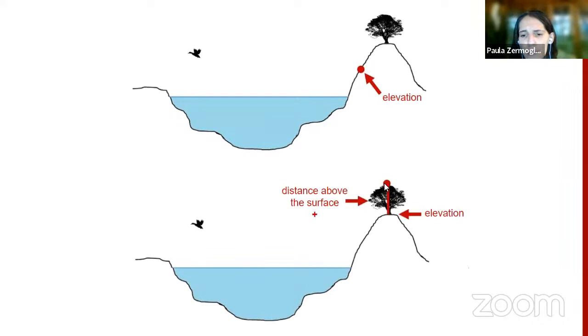Now, if we're observing a bird on top of the tree, the elevation will be the elevation of our reference land. So the elevation is at this point here, and the bird will also be at a distance above the surface. So the elevation is at the surface level, and we are, I don't know, 3 meters above at the top of the tree with a positive distance above the surface.